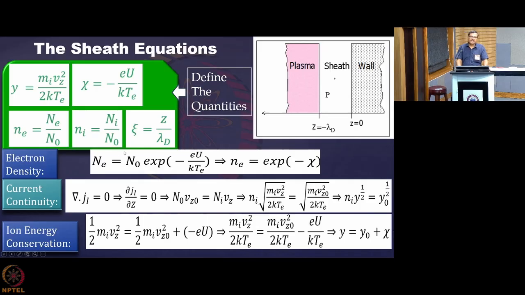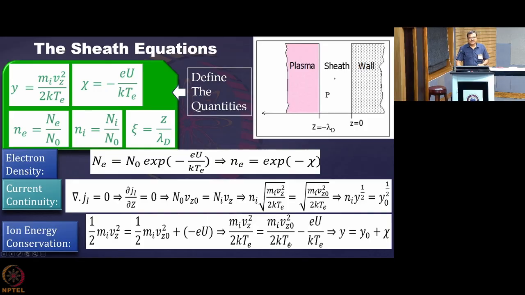So, we now have three very important equations. One is the electron density distribution, one is the ion density distribution, and one is the energy conservation equation. Now, we will use these three basic equations in the remaining derivations to reach the condition for formation of this plasma sheath.